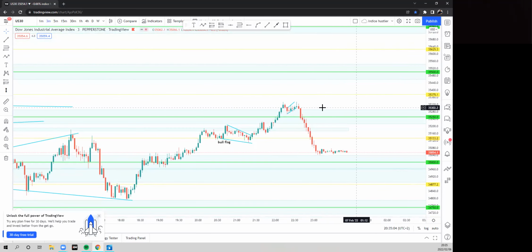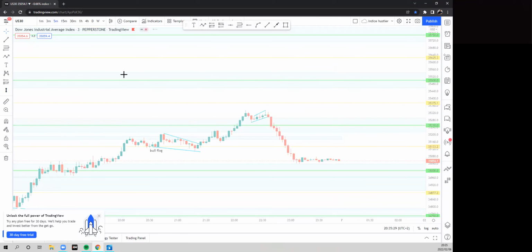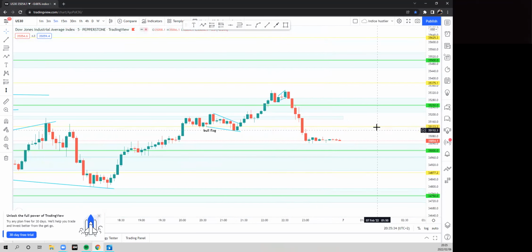I like my stuff neat on my chart because the strategy is based on precision, like I said in the beginning. Okay, we've got a bearish flag here. So we know why price dropped.